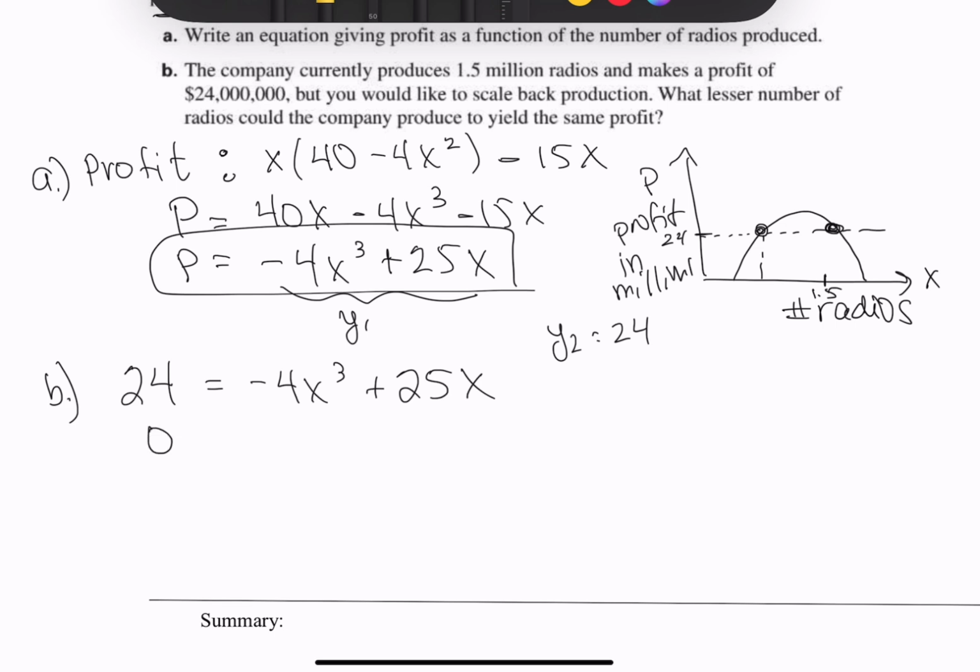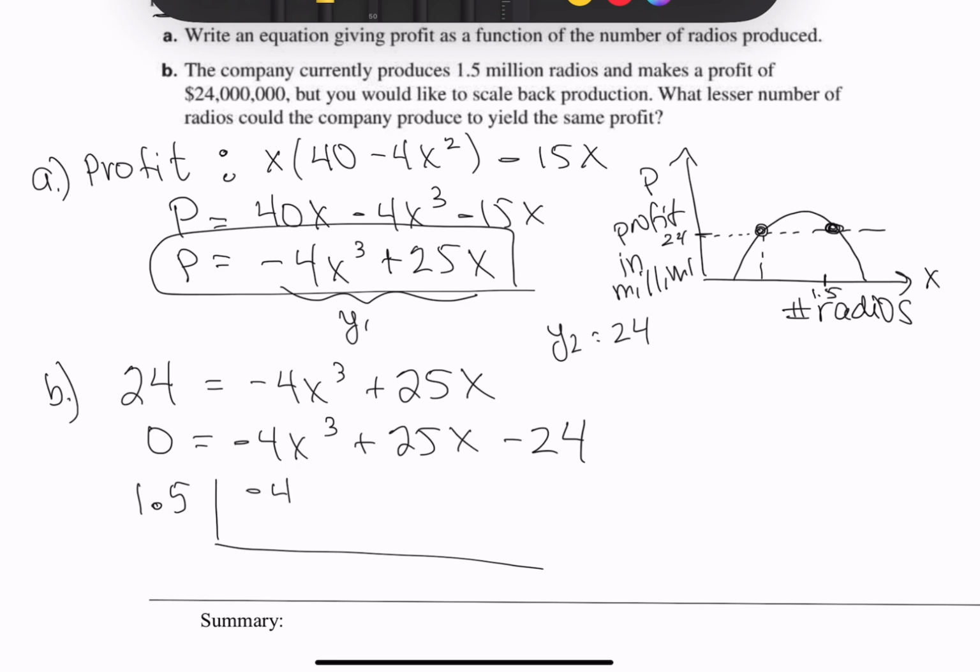So if I subtract 24 from both sides, and from this, I know that one solution, where they intersect, would be at x equals 1.5. So I know 1.5 is a factor or a root, or a solution, and I'm going to go ahead and use that to simplify this.